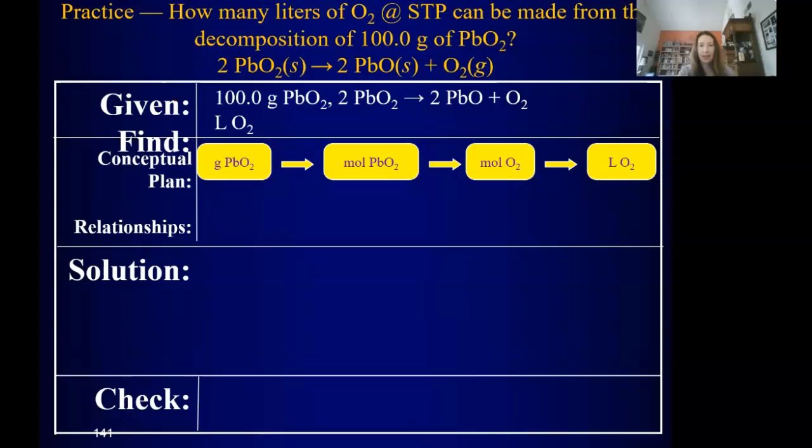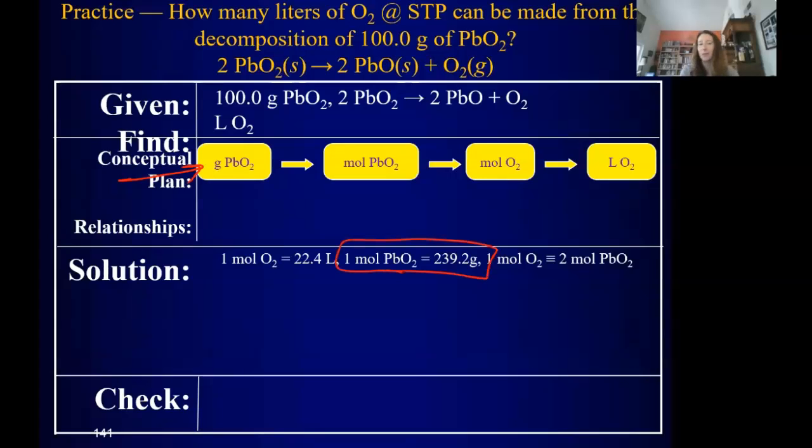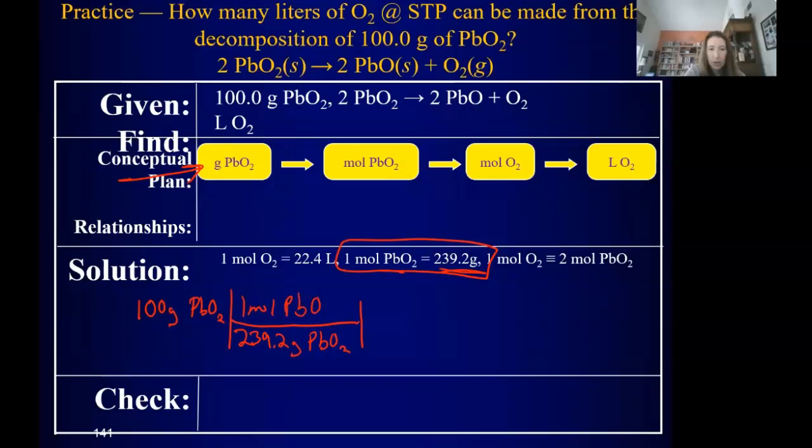So this is the same thing again. Here's kind of our plan that we're going to use, right? I'm giving you a molar mass because that's almost silly for you to add these up at this point in time. So here's your molar mass. Just gave that to you. Okay, so if we start with 100 grams of PbO2, there's 239.2 grams of PbO2 in 1 mole of PbO2.